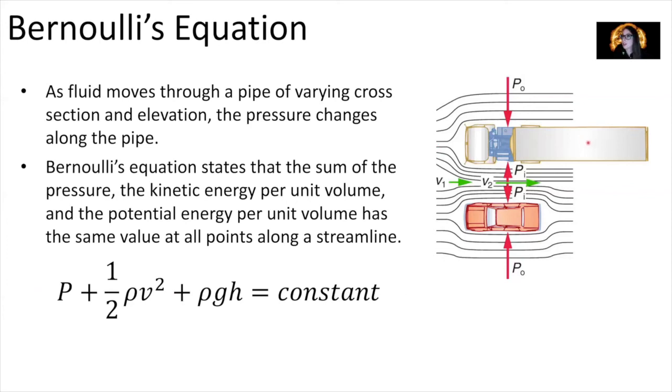Here in this figure, we've got a semi-truck moving this way, and a car also moving, both moving to the left. And all these black lines are the streamlines of the fluid. A particle of fluid, or a molecule of the air, is going to want to follow along this path. And so out here, we have fluid parcels that are moving to the right with the speed of v.